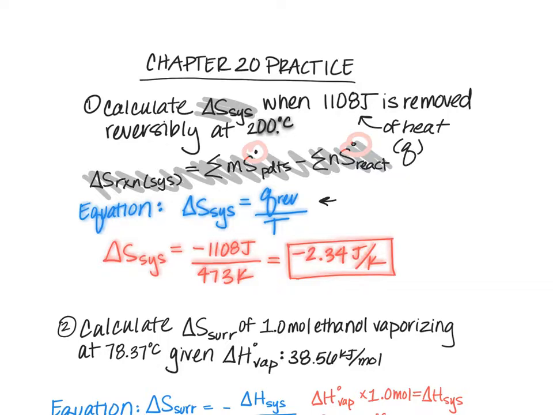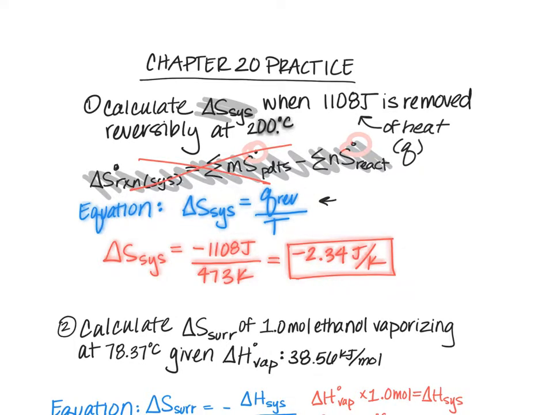So it's telling you that these were formed at standard state, or this happened at standard state, which is not indicated in the problem. Also, delta S of the reaction is at standard state, and nowhere in the problem is it indicated that you are at standard state. So this is definitely not the equation that you use. I'm going to put a big red X through it. Do not use that equation.